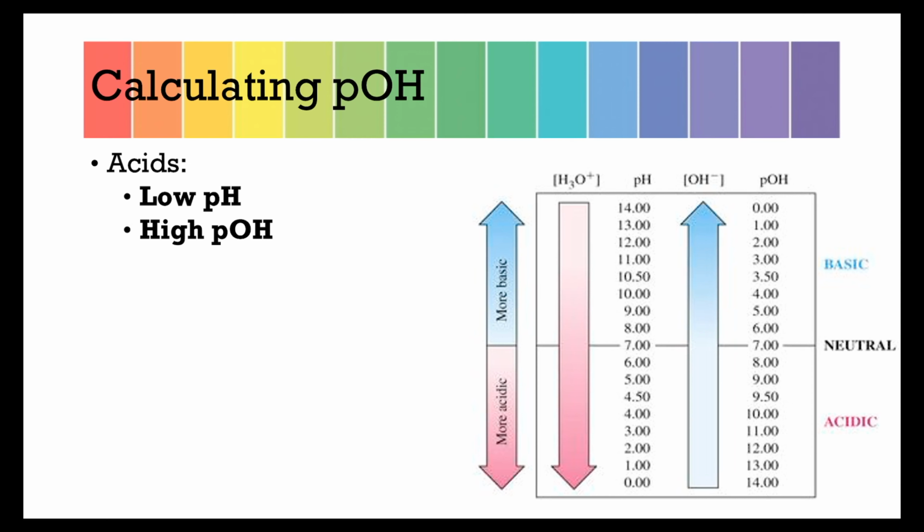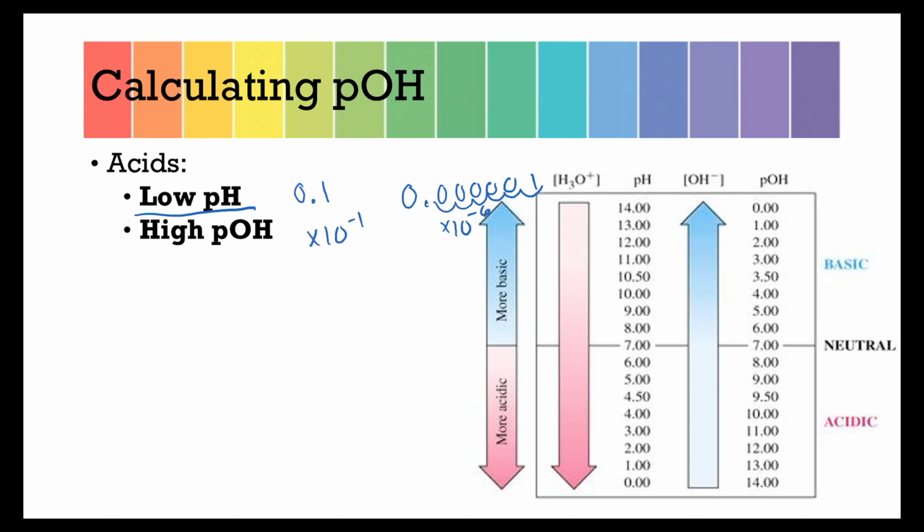Now if you take a second to think about this, acids having a low pH, if we're talking about pH as the amount of H's, it seems counterintuitive. But that's why we have to think of the formula that exists. If you have 0.1 and 0.00001, if you write this in scientific notation, this is times 10 to the negative 1, and this is times 10 to the negative 6.